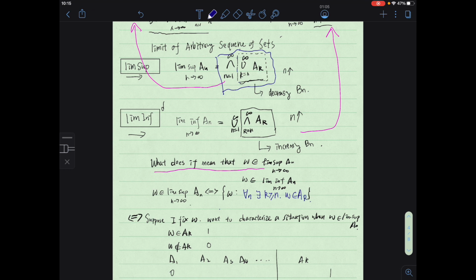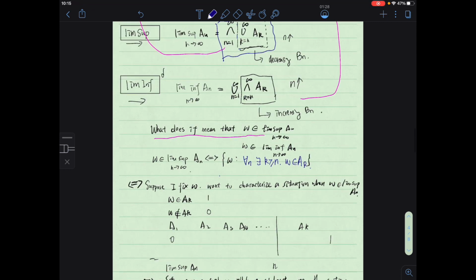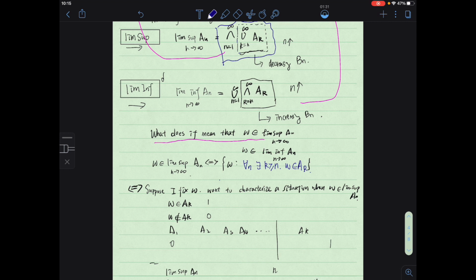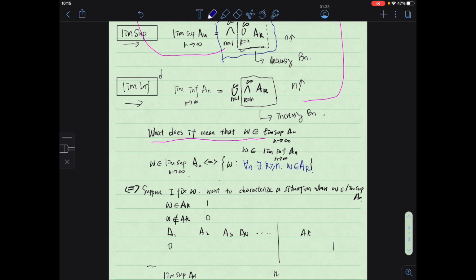So just to reiterate, omega belongs to lim superior of an. So let's draw it out and see if this can help us better understand the meaning of lim superior. So I define an indicator function that when omega belongs to this AK, we give it a value of 1, and when omega does not belong to AK, we give it a value of 0.